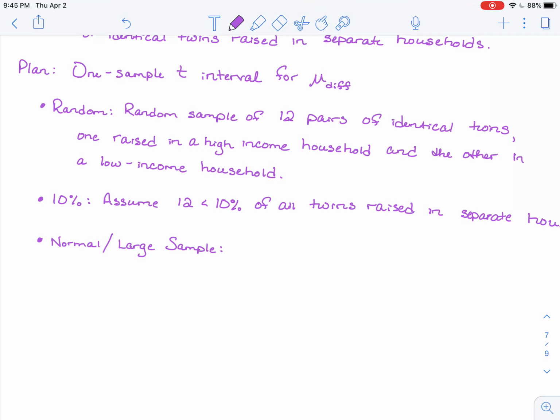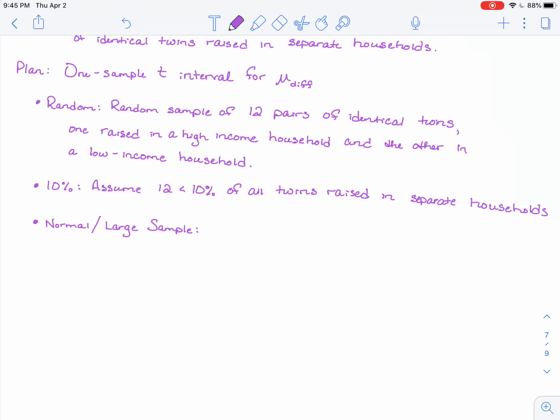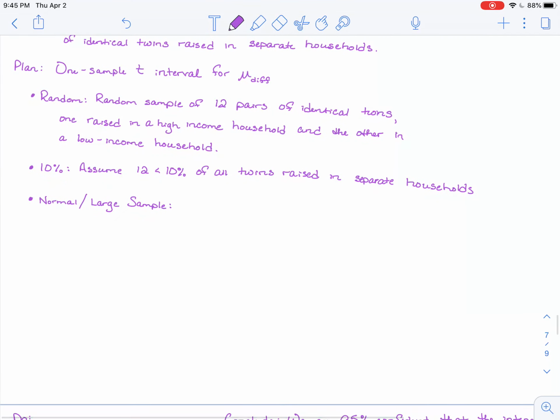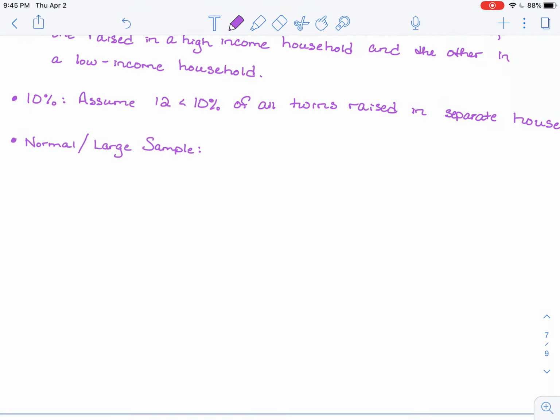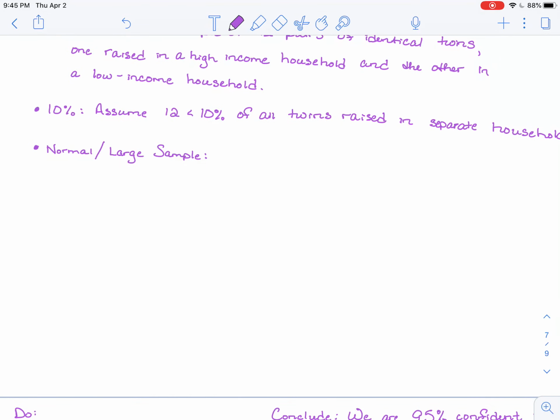I went ahead and wrote out most of the conditions because you should be getting tired of them by now. We have a random sample of 12 pairs of identical twins, and I specified what those samples were like. I did not put independent because they're for sure not independent. And then we are able to assume that 12 is less than 10% of all pairs of twins raised in separate households. So we have 12 pairs.